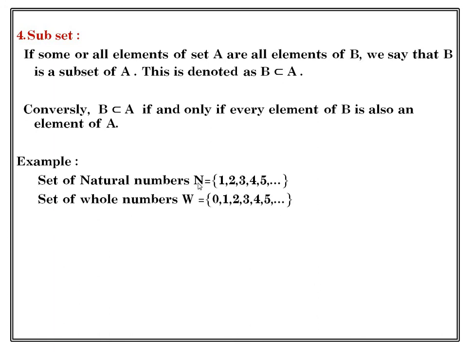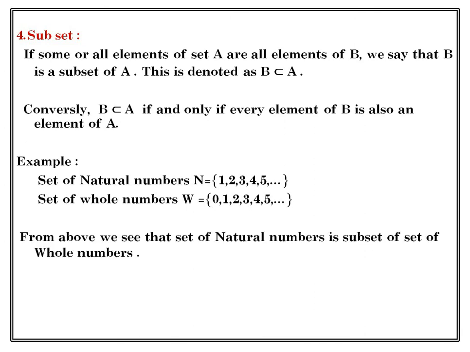That means all elements existing in N exist in W. And in excess, we have 0 in W, which does not exist in N. So N is a subset of W. From above we see that the set of natural numbers is a subset of the set of whole numbers. So this we write as N ⊂ W.